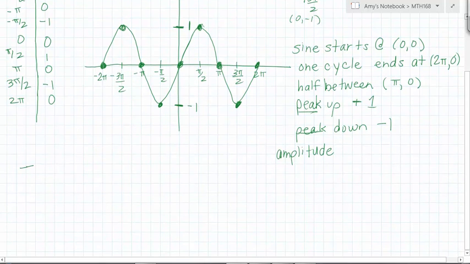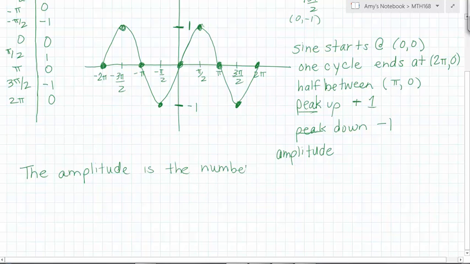So what you need to know about the amplitude is that the amplitude is the number in front of sine or cosine, and the peaks are extended to that number.